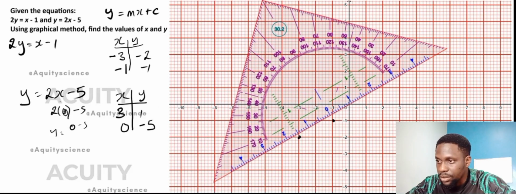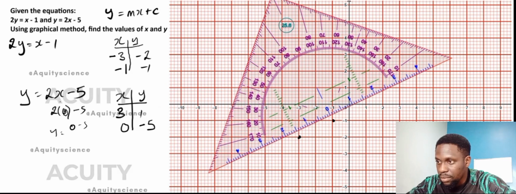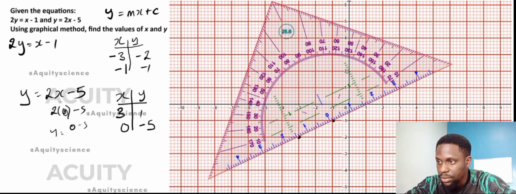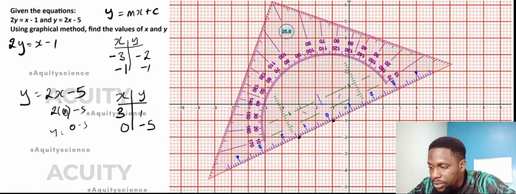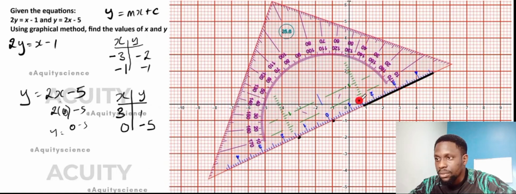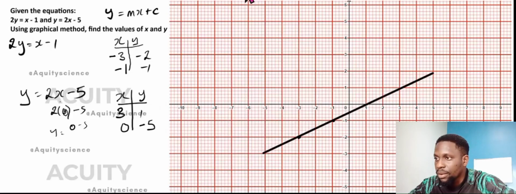Closer. Wow, that looks perfect already. Am I sure this is perfect? All right, let's go ahead. Oh, that's near perfect.